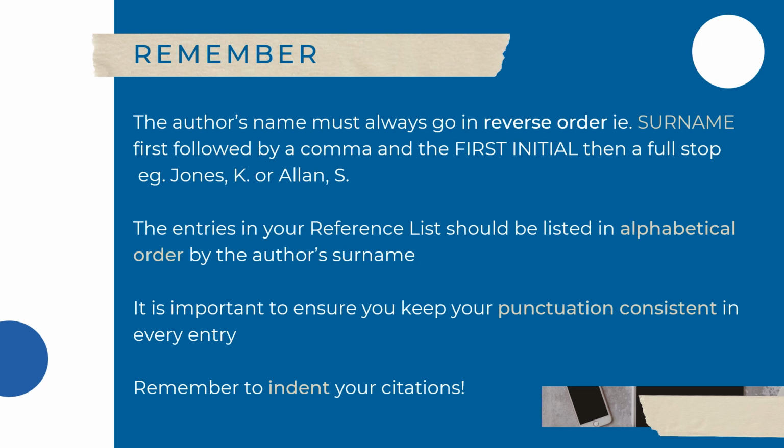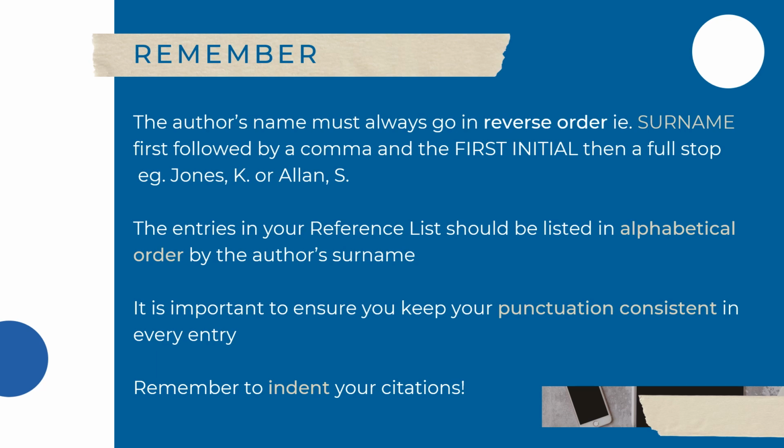Finally, please remember the following guidelines. With individual authors, the author's name must always go in reverse order, i.e. surname, comma, first initial, full stop. The entries in your reference list should be listed in alphabetical order by the author's surname or the organisation's name.